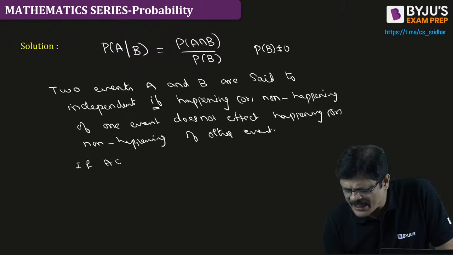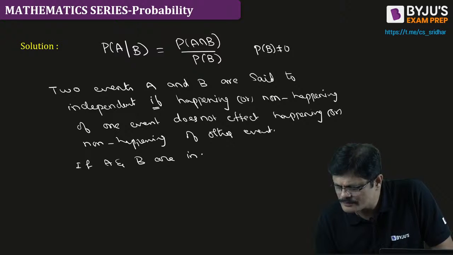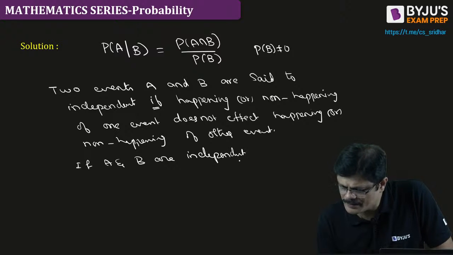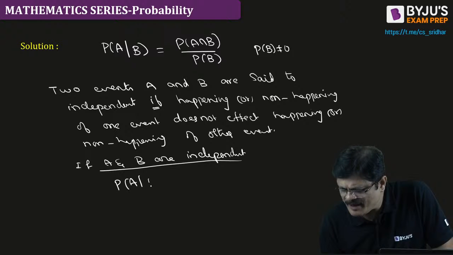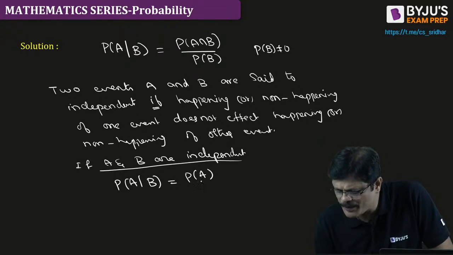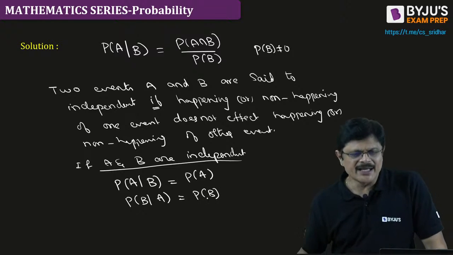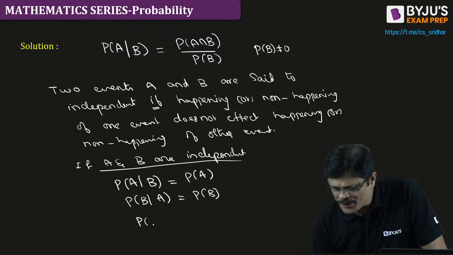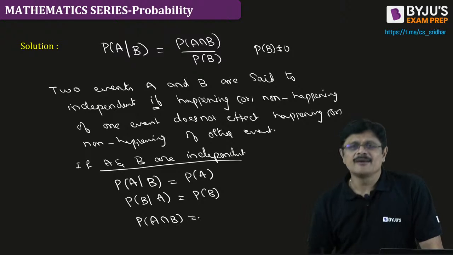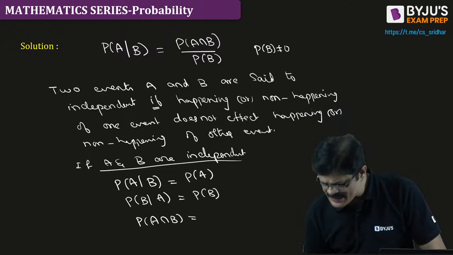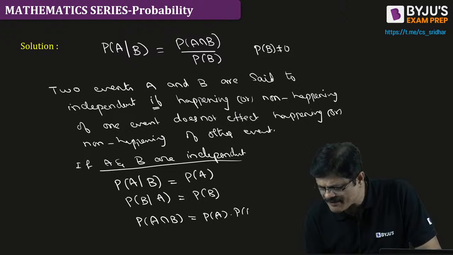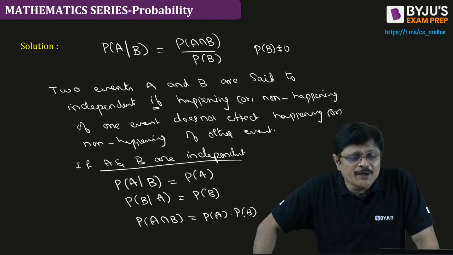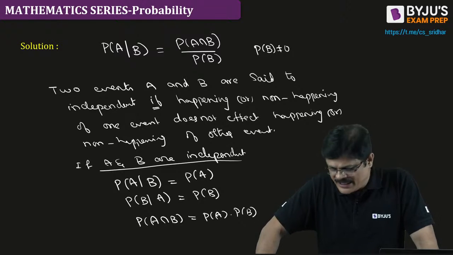If A and B are independent, probability of A when B has already happened will be the same as probability of A, and probability of B when A has already happened is equal to probability of B. That is, happening of A does not affect happening of B, and vice versa. And the probability that A and B happened will be simply probability of A into probability of B, my dear friends. This is the interesting result when A and B are independent events.